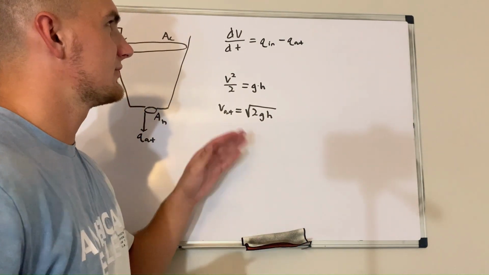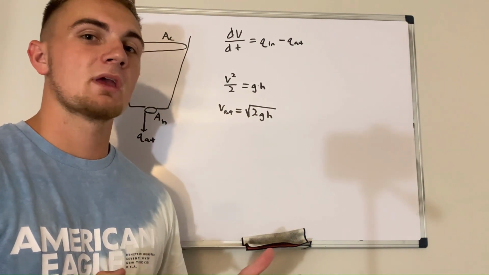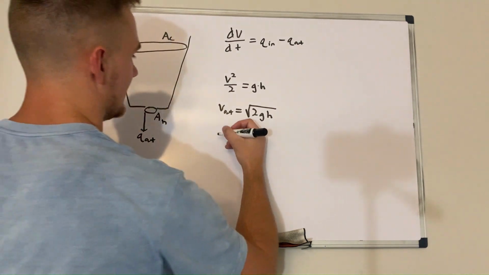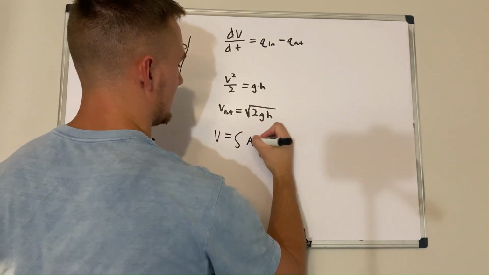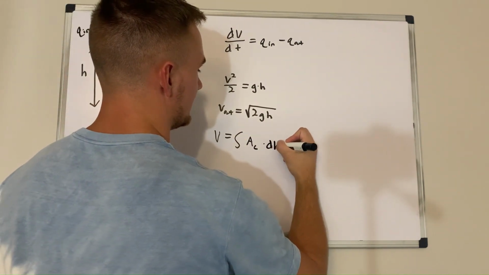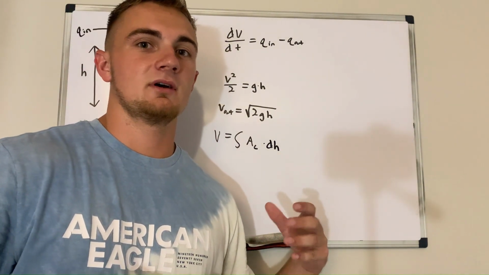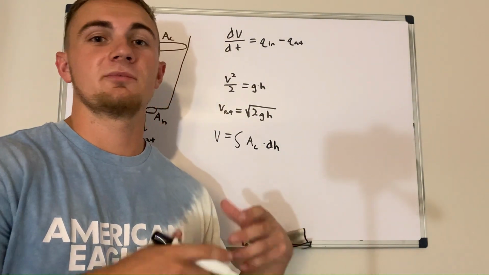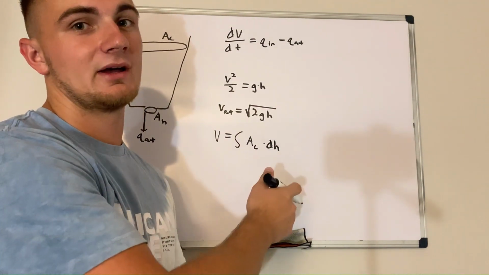Now, what we can do after this is take a second look at the volume. What we can also say about the volume is that it is equal to the integral of the cross-sectional area, A_C, times the differential change in height. Now, if the height wasn't changing, so if we had some steady state process, we would just have the cross-sectional area times the height.